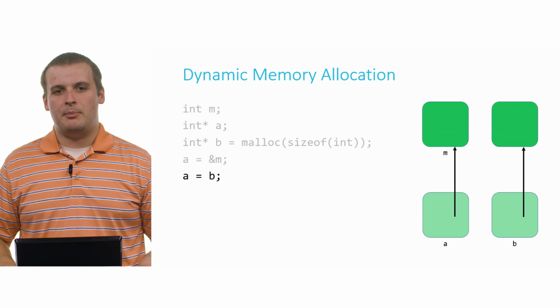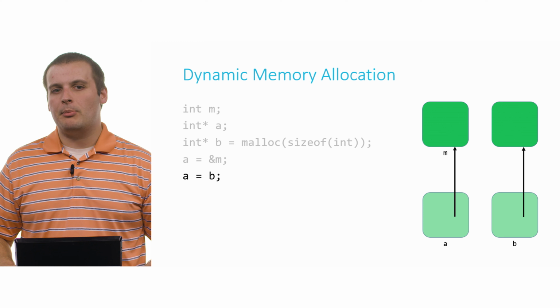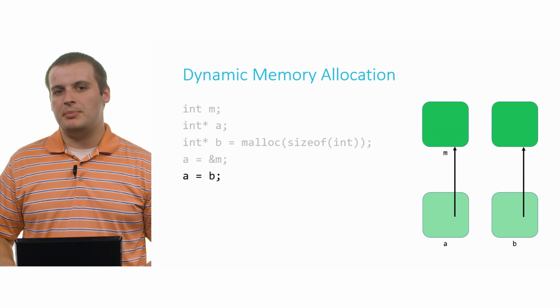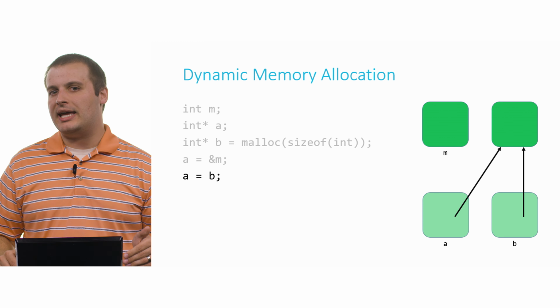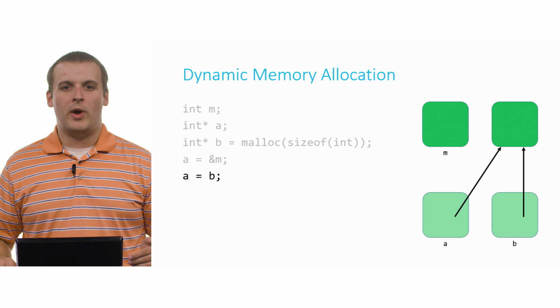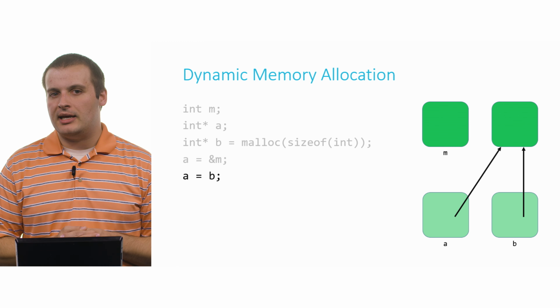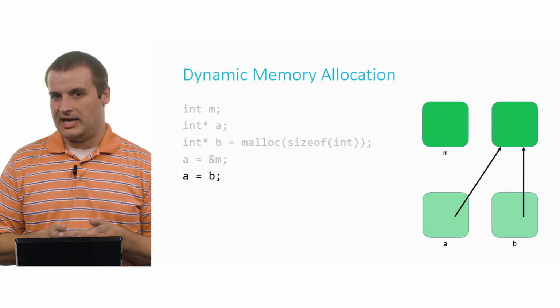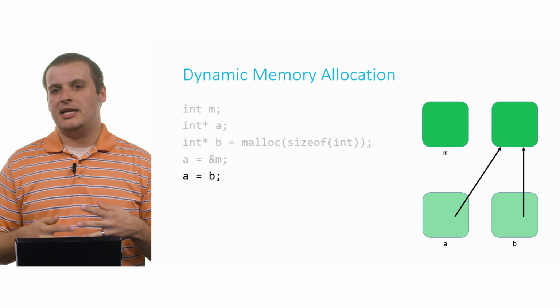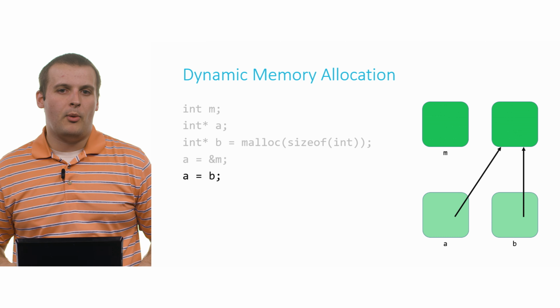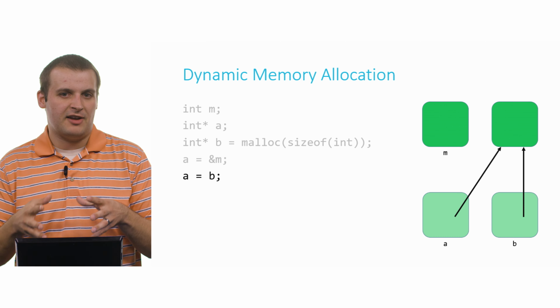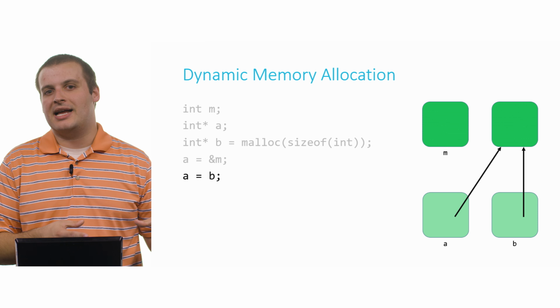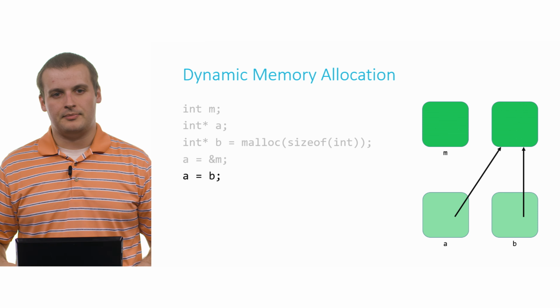So instead of a pointing to m, a now points to the same place that b points. a doesn't point to b. a points where b points. If a pointed to b, that would have been a equals ampersand b. But instead, a equals b just means that a and b are now pointing to the same address, because inside of b is just an address, and now inside of a is the same address.